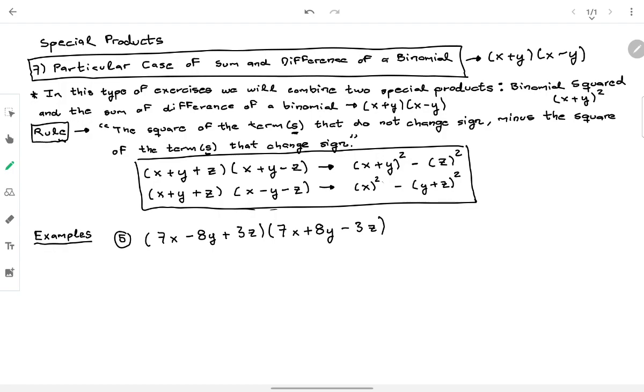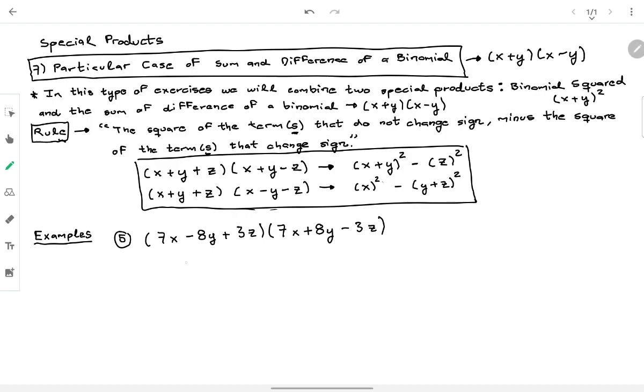In this specific example, we have one that does not change sign, that is 7x, but in the ones that change sign, in here we had negative and positive, here we have positive and negative, so we need to respect that they have different signs in each parenthesis.